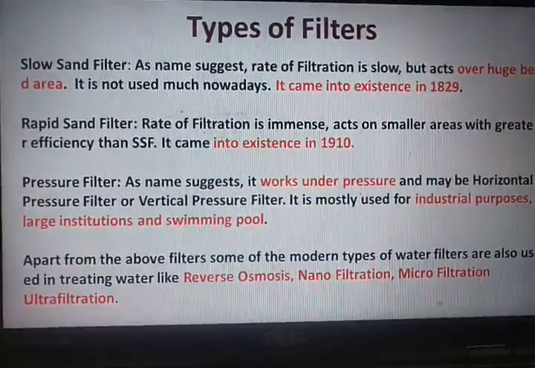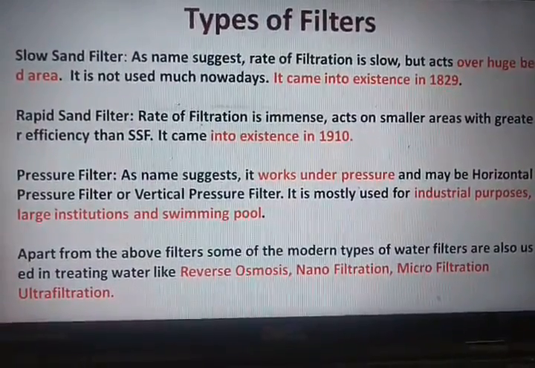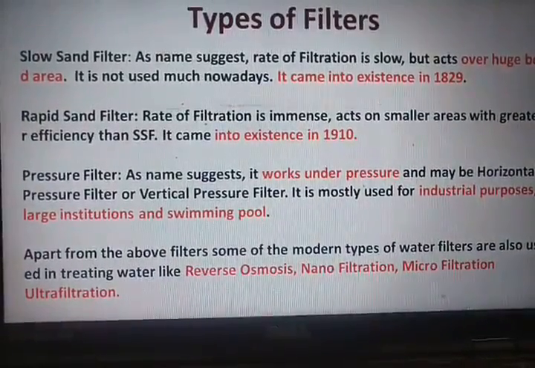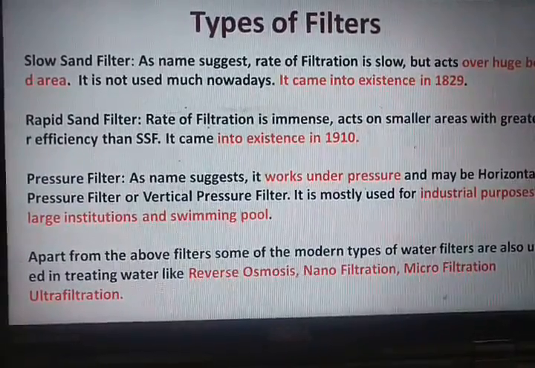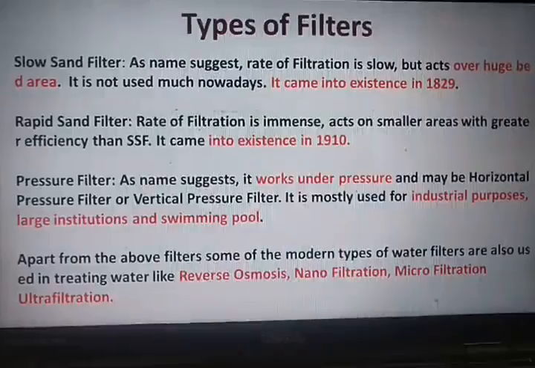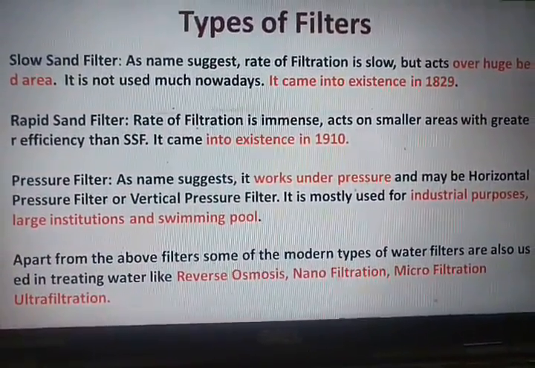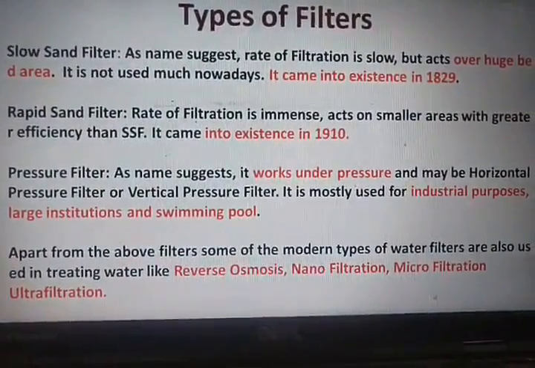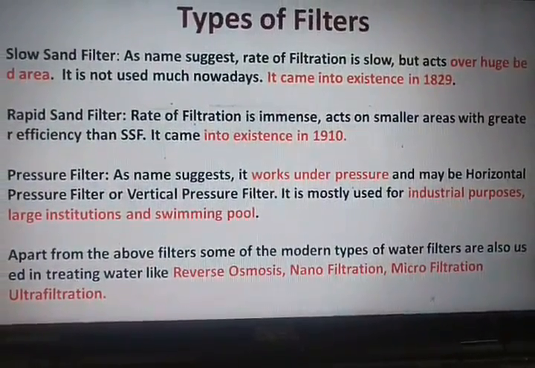The second type is the rapid sand filter. As the name itself says, the rate of filtration is more. Rate of filtration means the quantity of water filtered per unit time, and this came into existence somewhere in the 1900s, that is, in the year 1910.